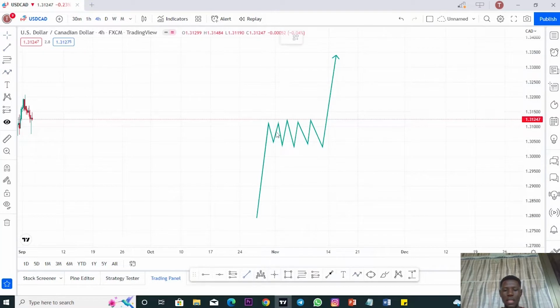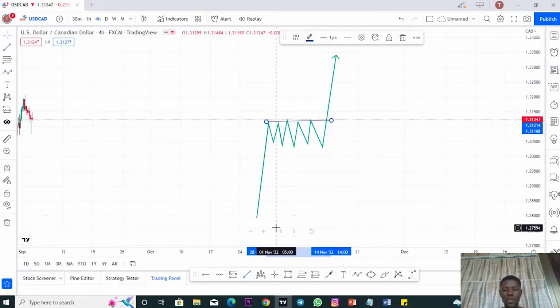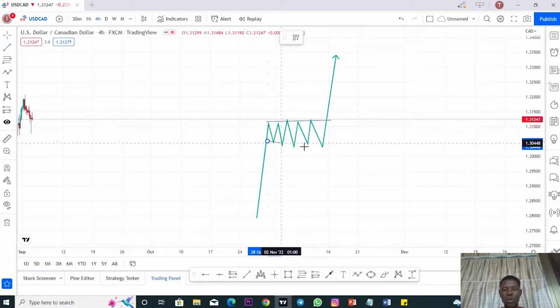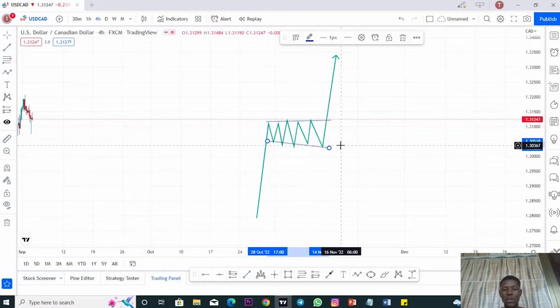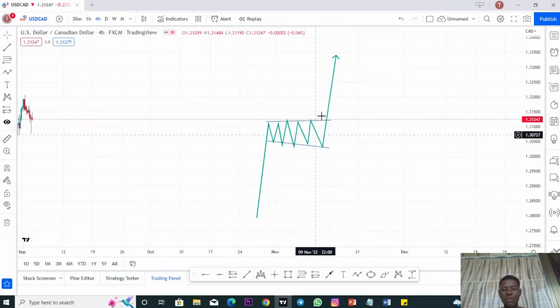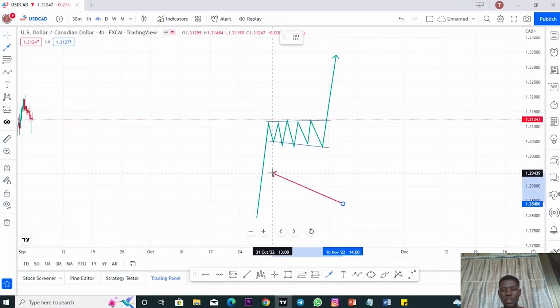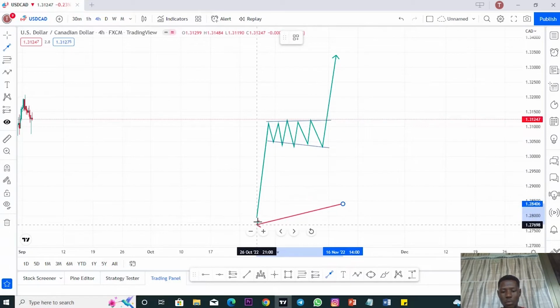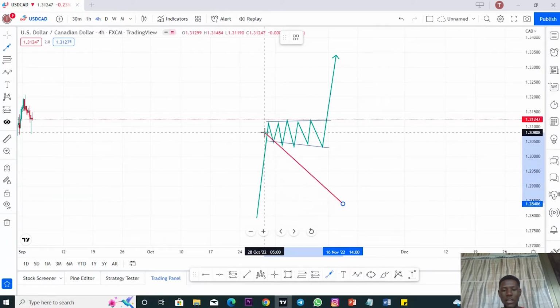So this is where the consolidation stayed for long, where we will draw our trend line, then this becomes our flag. Now you see, when price was pushing all the way from the downside and reached here, price started to consolidate.